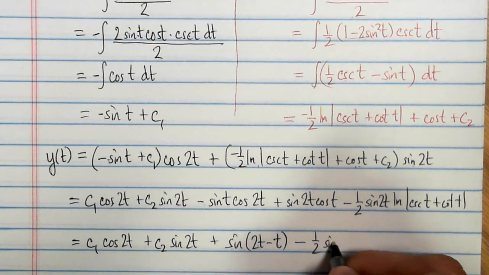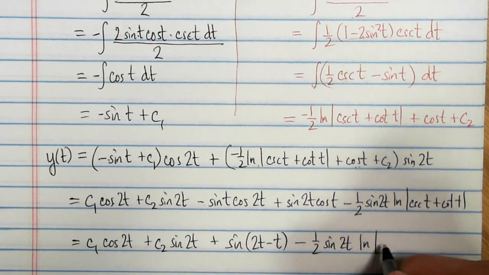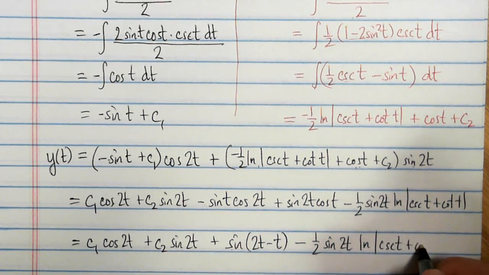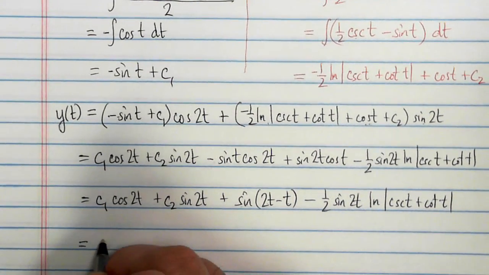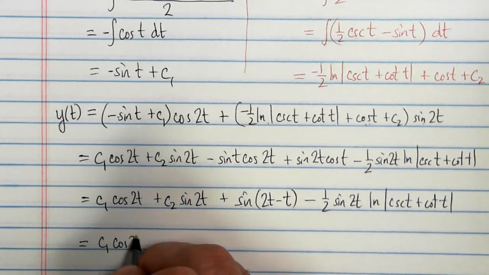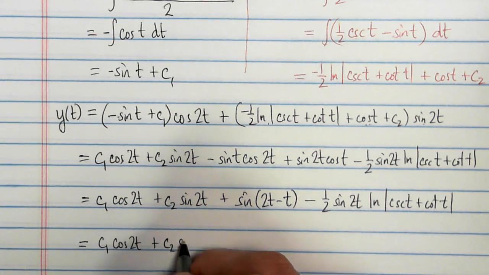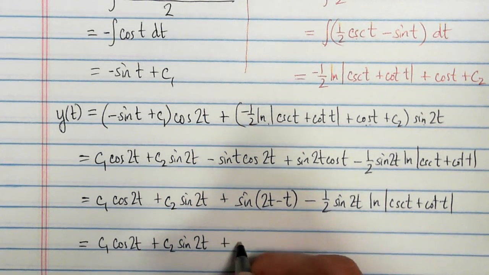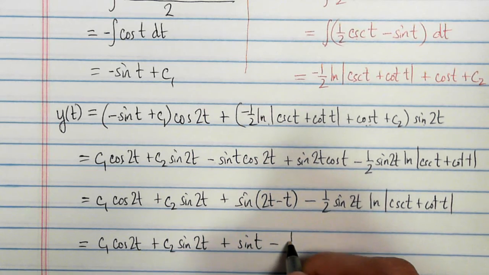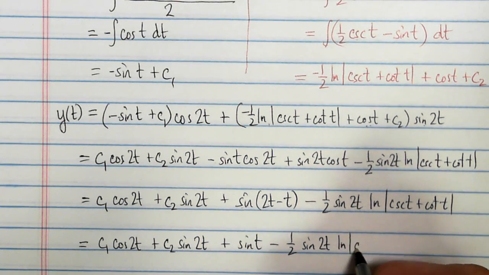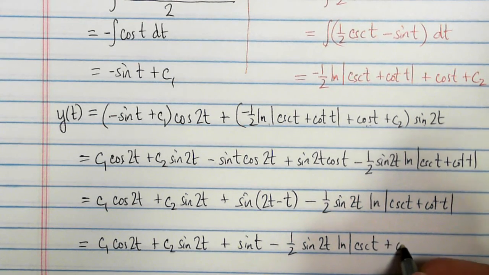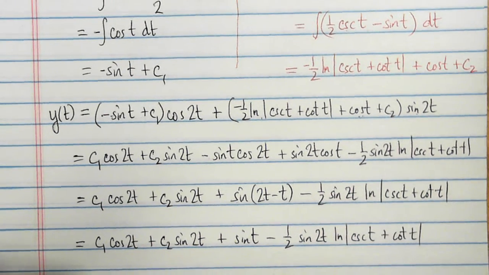Minus 1/2 sine of 2t, natural log of cosecant of t plus cotangent of t. And then the obvious simplification on the last step, c1 cosine 2t plus c2 sine of 2t plus sine of t minus 1/2 sine of 2t, natural log of cosecant of t plus cotangent of t in absolute value.